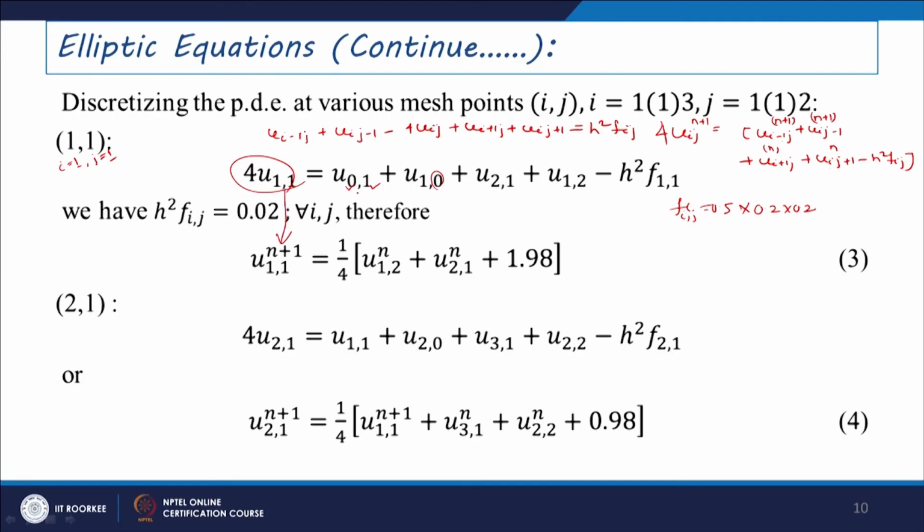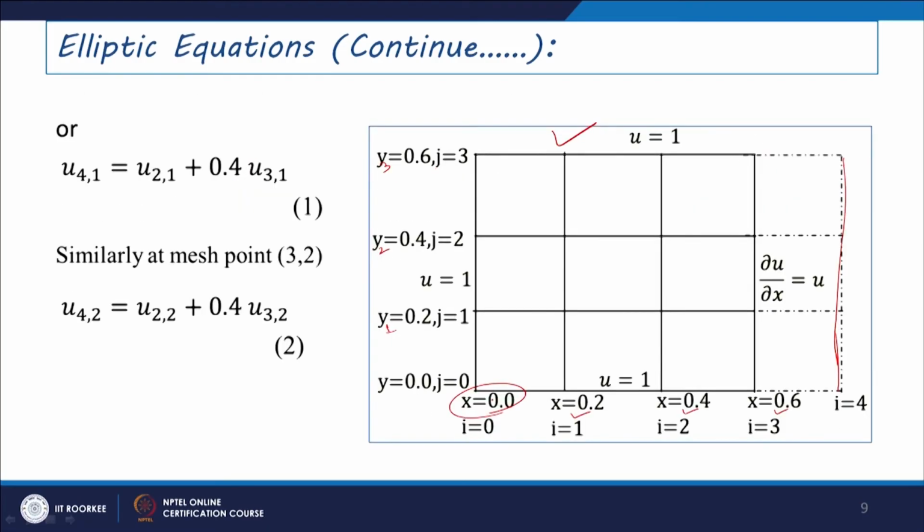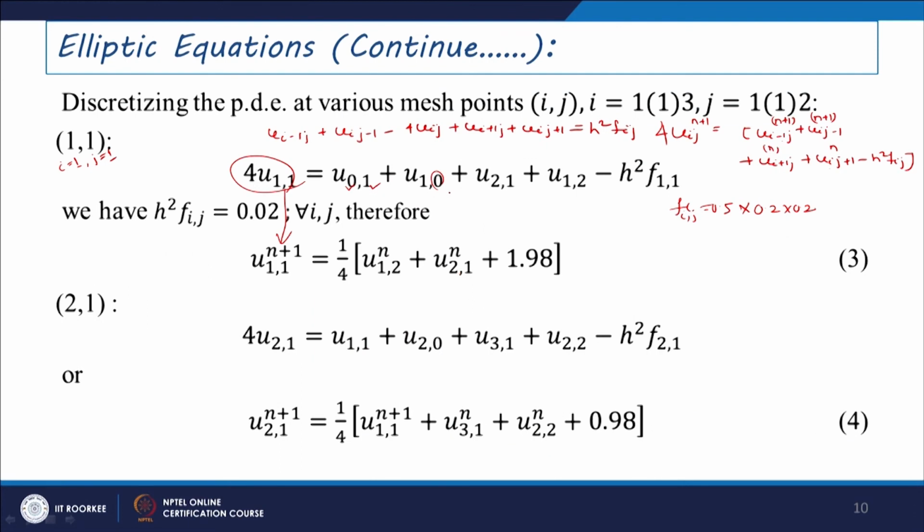First, for u01 and u10: u01, since i equals 0 is the boundary, is prescribed as u equals 1. And u10 is also given the value 1. So 1 plus 1 is 2, and 2 minus 0.02 gives 1.98 here.